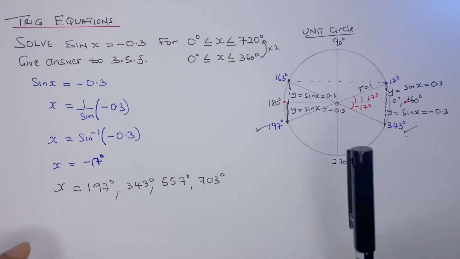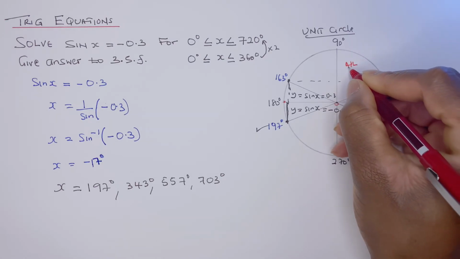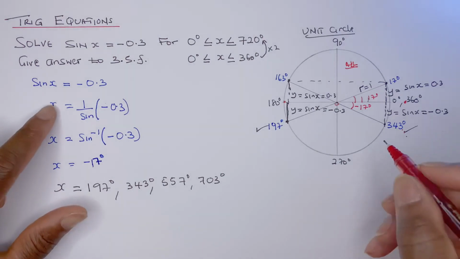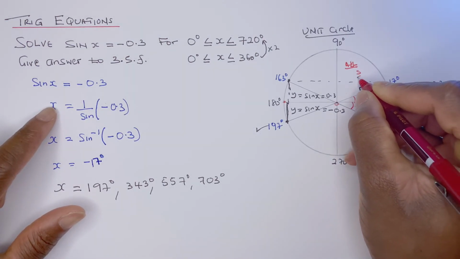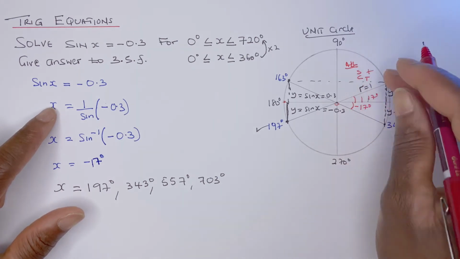So really what has happened here is that all of the 3 trig ratios, which are sine, cos and tan, are all positive in the first quadrant.